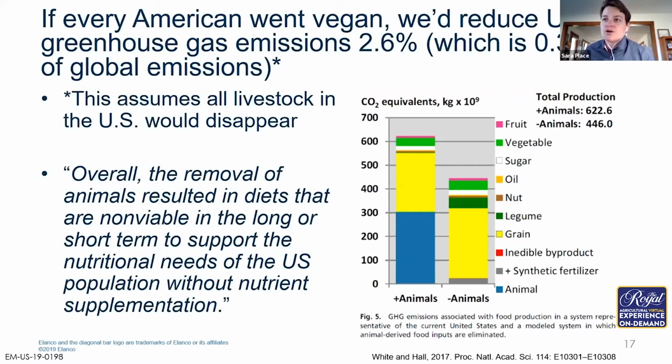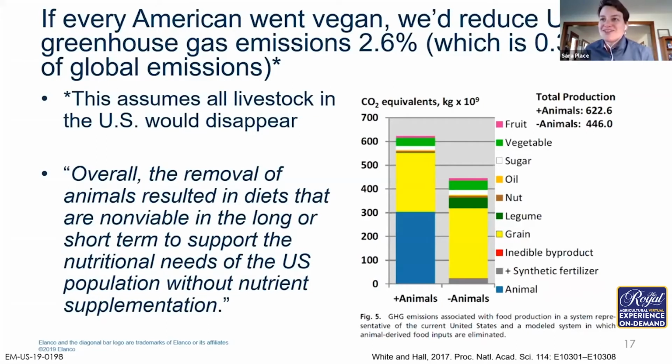We need more nitrogen in our cropping system to make it work. But we also would need more legumes because of the protein requirements, right, for people, because we've gotten rid of all of our animal products. So that's kind of the key thing here, is that there is no free lunch, right? There are consequences, and this rebound effect is why the total decrease of emissions is only 2.6 percentage points and not 4.